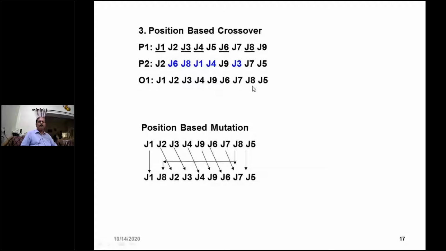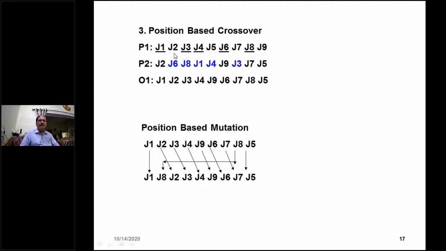Now, out of this, we randomly select some positions which are not going to be changed in the offspring. So J1, J3, J4, J6, J8 we have underlined; we have selected 5, and they are not going to be changed.